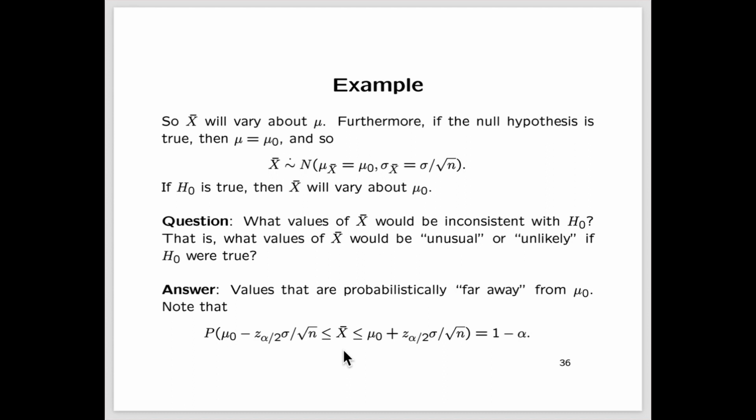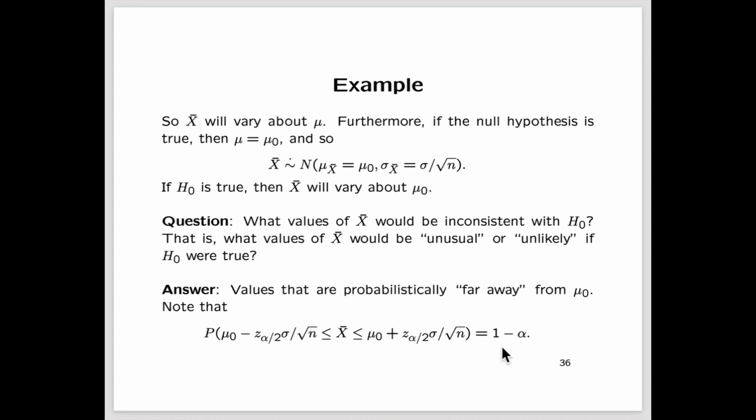And so what this is telling us is that if the null hypothesis is true, then the probability that we get a hold of a sample for which the sample mean is within this distance of mu sub 0 is going to be 1 minus alpha.